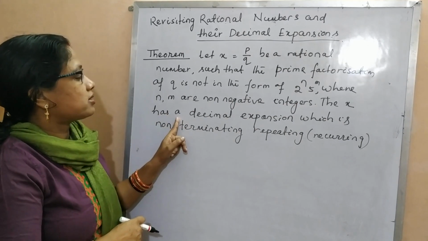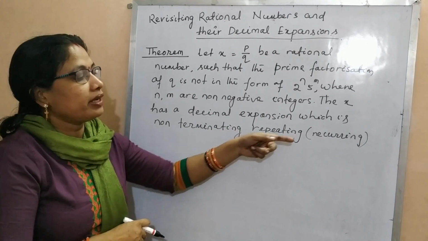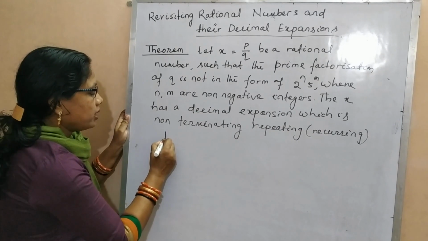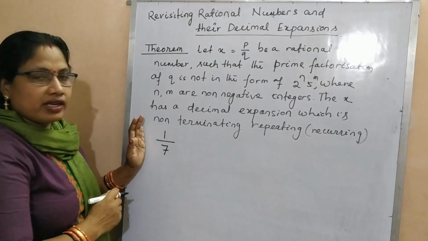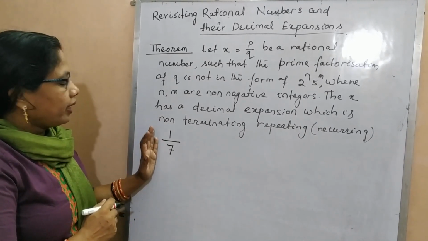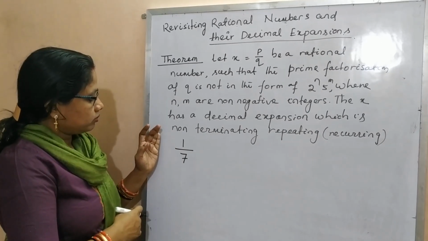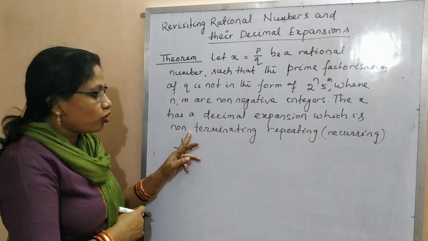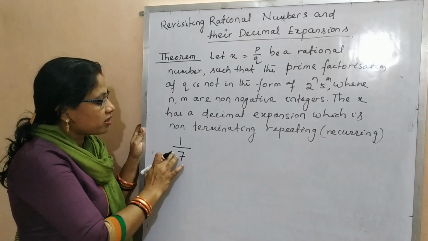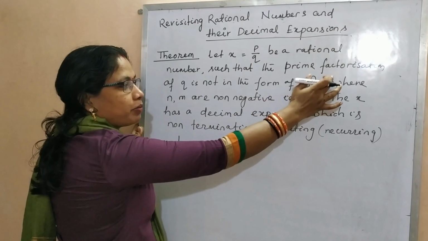Then x has a decimal expansion which is non-terminating, repeating or recurring. For example, take 1 by 7. 1 by 7 is a rational number in the form p by q, where p and q are co-prime, and in the denominator the prime factorization of 7 is 7. It is not in the form 2 to the power n, 5 to the power m.